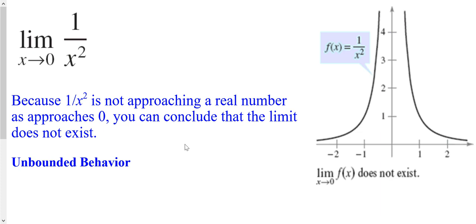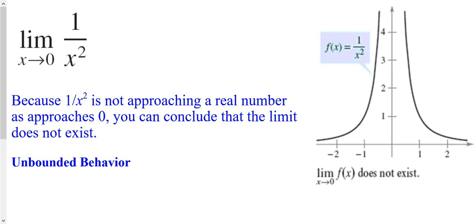Your limit will exist if you are approaching the same number from each side. Infinity is a concept. It is not a number. So you have to be approaching the same numerical value from both sides for your limit to exist. So whenever you have vertical asymptotes, when you're diverging off to infinity, that means you do not have a limit.